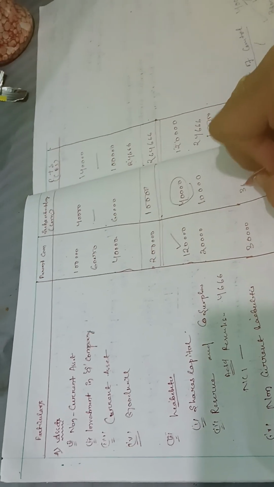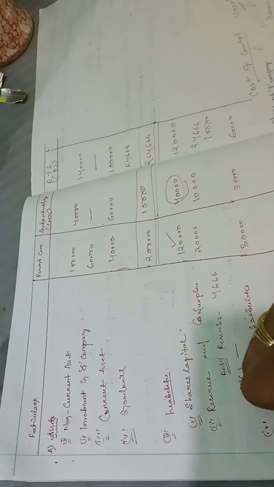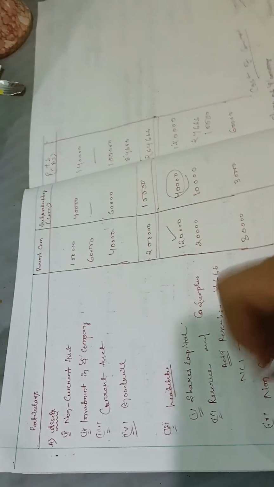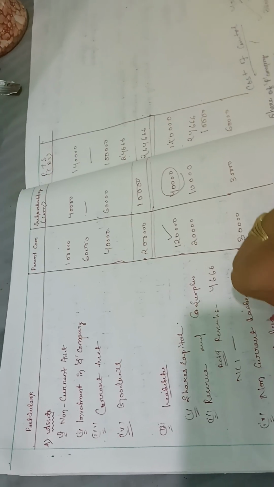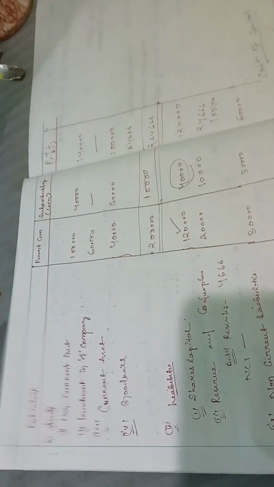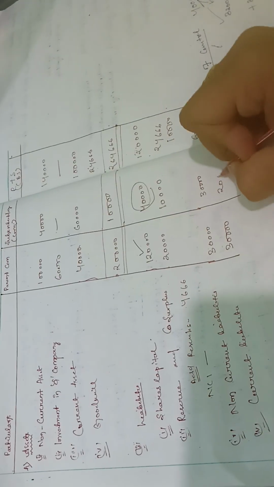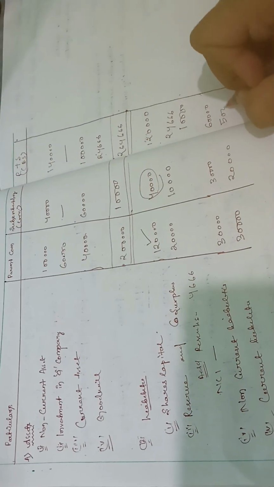30,000 plus 30,000, 60,000. Current liabilities: 30,000 plus 20,000, 50,000.